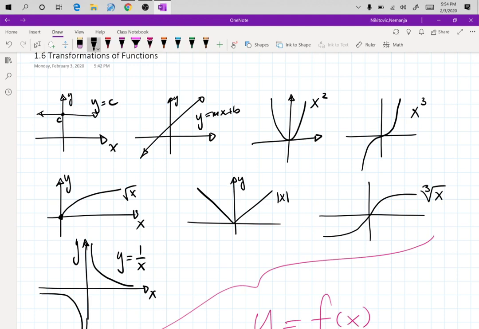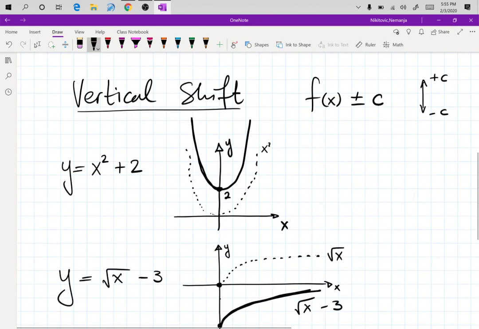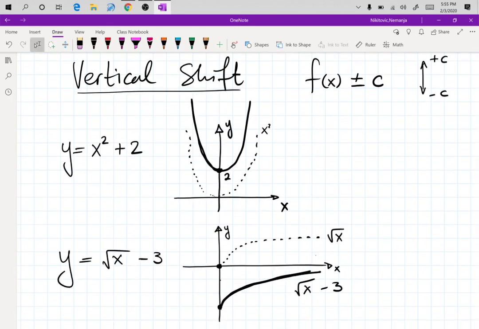You study that these are your basic shapes, and you go from there, and then you start moving these up, down, left, right, and reflections and a whole bunch of stuff we're going to learn. So knowing the basic shapes and then moving those around. So vertical shift is what you see right now. If you add or subtract a value to a function, that value will move the whole function up or down.